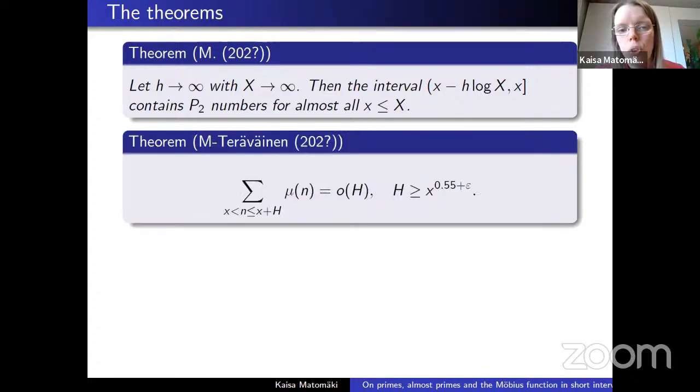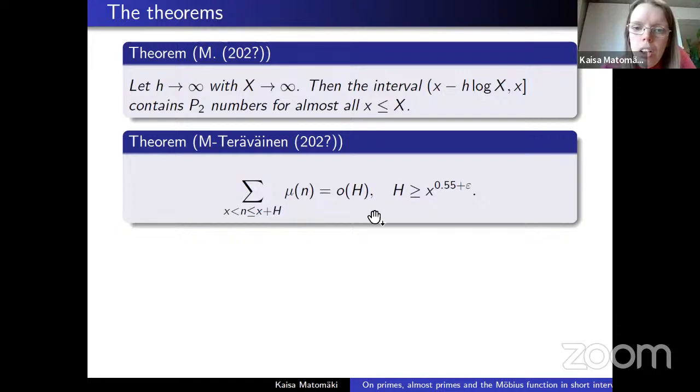On the other hand, the theorem concerning the Möbius function in all intervals: Joni and I were able to show that in intervals of length x^{0.55+epsilon}, the Möbius function has cancellation. This improves on Huxley's 50-year-old result concerning intervals of length x^{7/12}, or Motohashi and Ramachandra's variant of Huxley's prime number theorem.